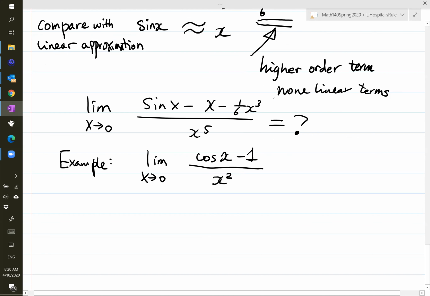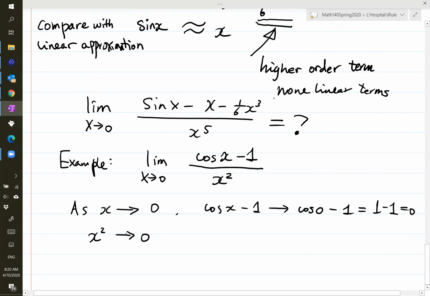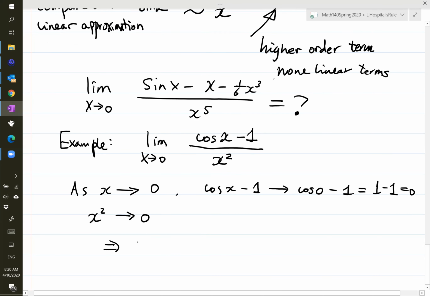First of all, we check as x approaches 0. The numerator approaches cosine 0 minus 1, and cosine 0 is 1, so 1 minus 1 is 0. Of course, x squared also approaches 0. So cosine x minus 1 over x squared is of the type 0 over 0.